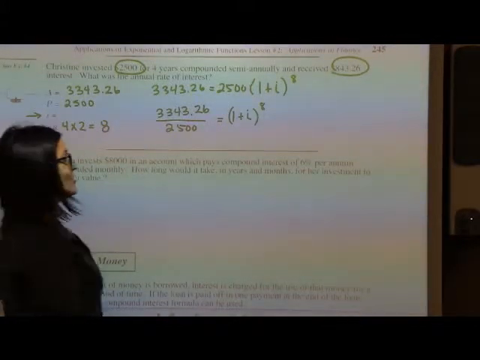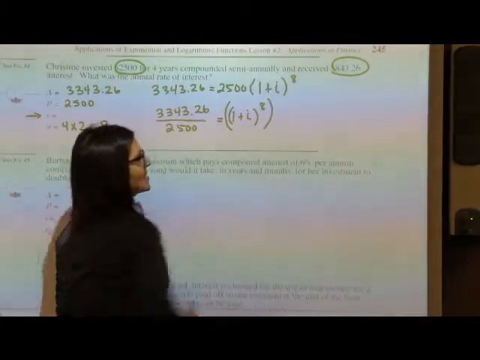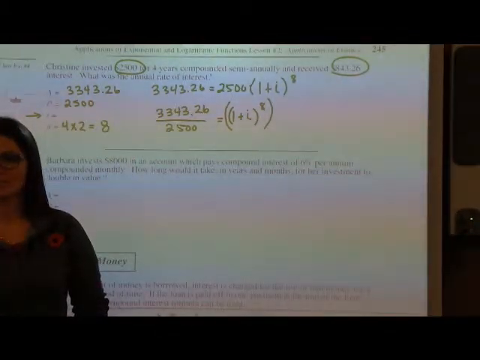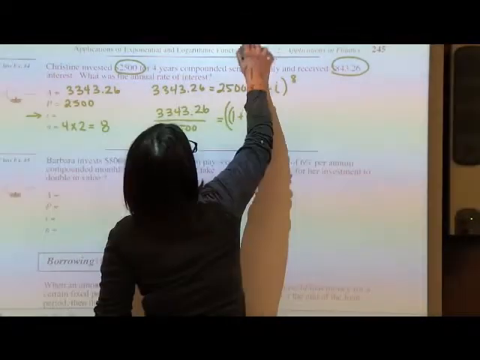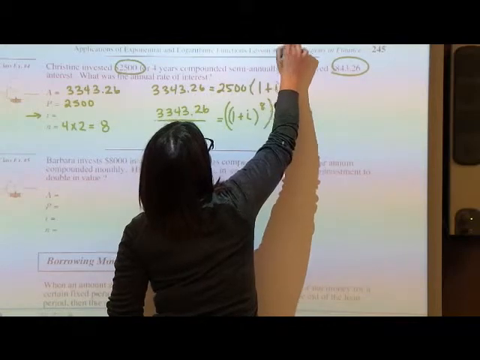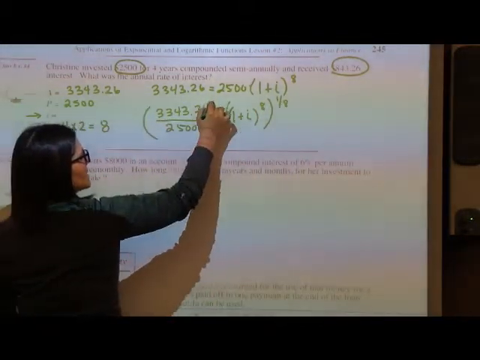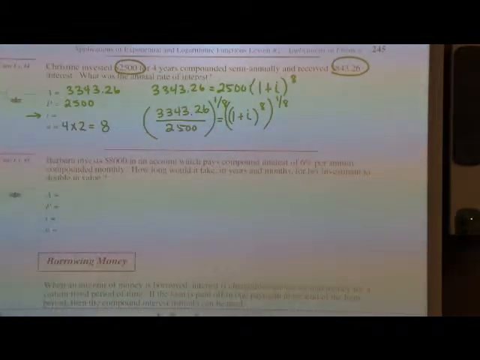The other thing that I could do too, what can I multiply by 8 to get to 1? 1/8. So I could raise it to the power of 1/8, and I could raise this side to the power of 1/8. The 8th root or to the power of 1/8, either one would work. It just depends what you find easier to put into the calculator.